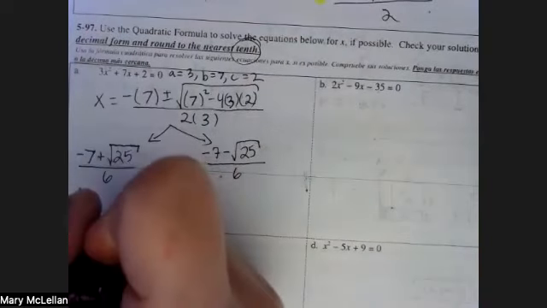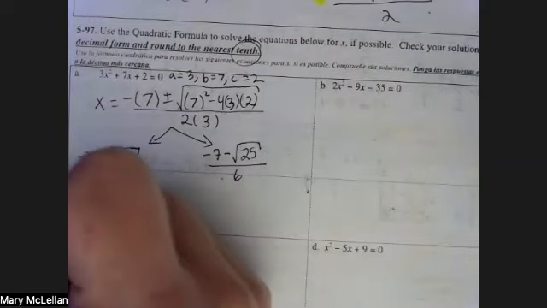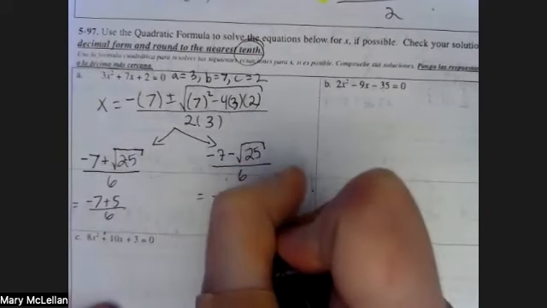This becomes, well, I know that the square root of 25 is 5, so I can say this is negative 7 plus 5 over 6, and negative 7 minus 5 over 6.